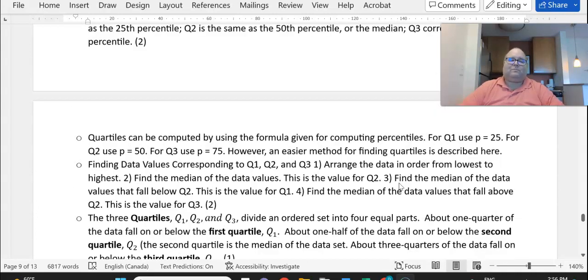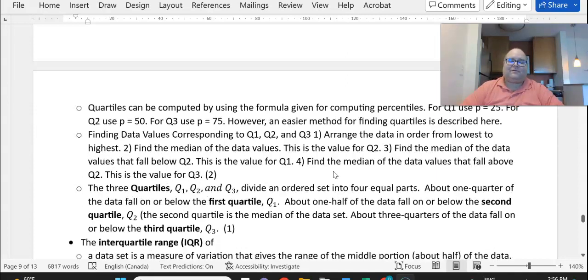The median is our 50th percentile, or our Q2, the halfway point. The median of our lower half of our data is Q1, or first quartile. And the value halfway through our upper set of values is our third quartile.